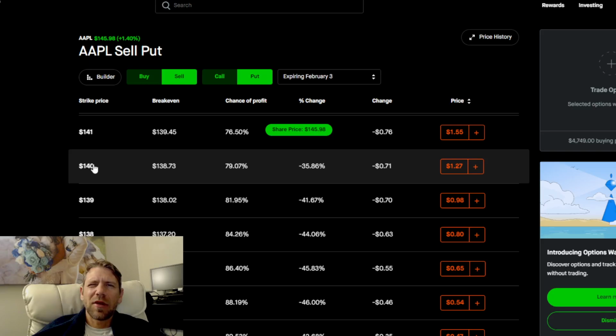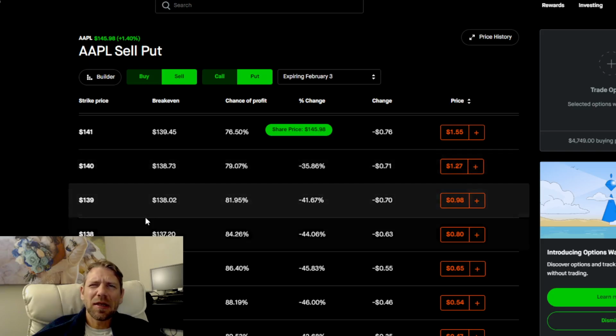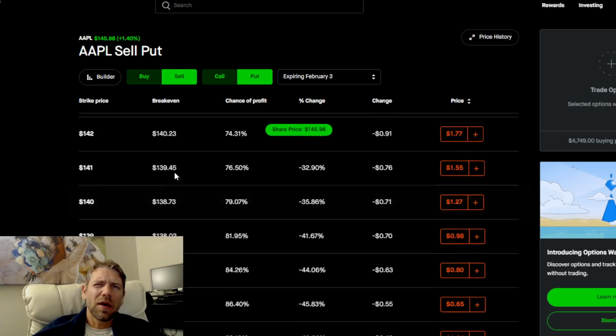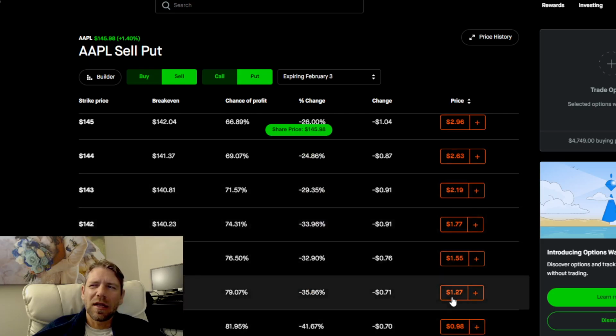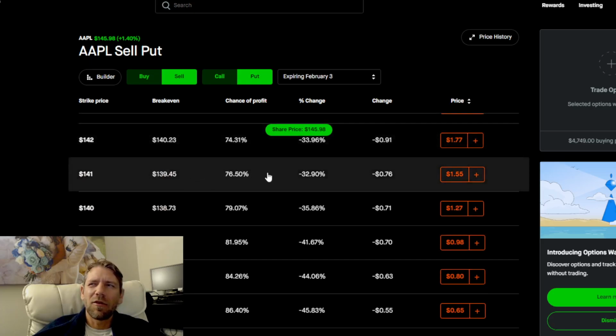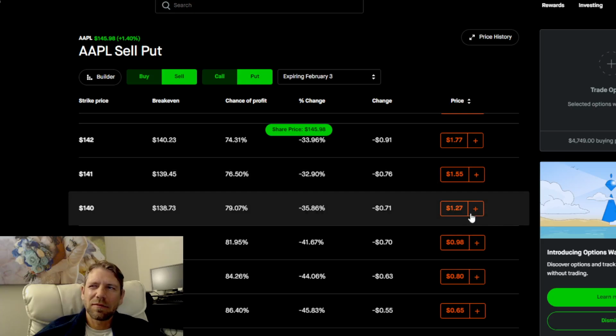All right. If the price drops below 140 in a week, I'll be forced to buy those shares. And if the price is above 140 in this week, I keep the premium and I don't get to participate in the gains. Again, I forfeit my opportunity to buy these shares, but I get paid for that.